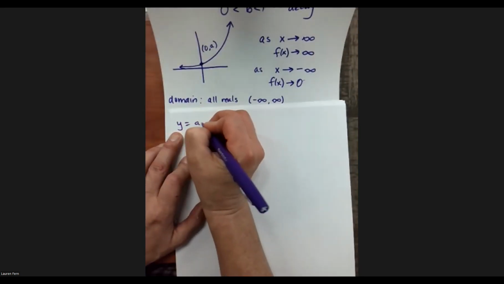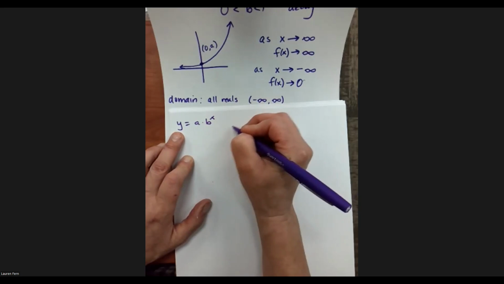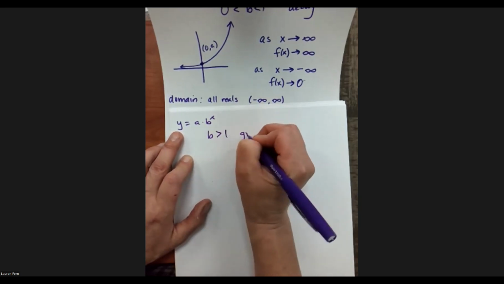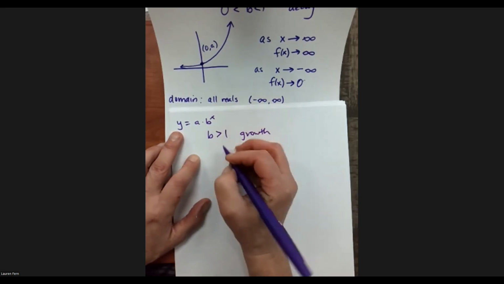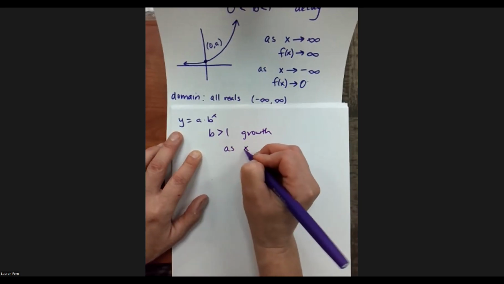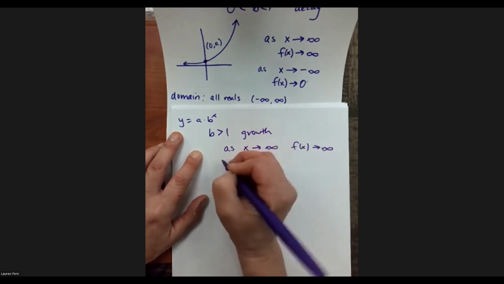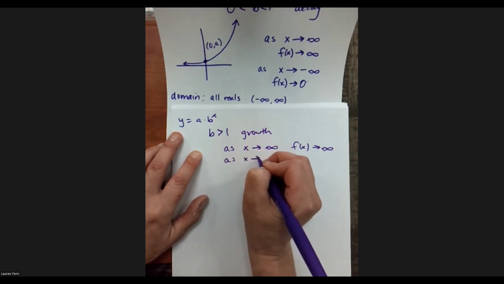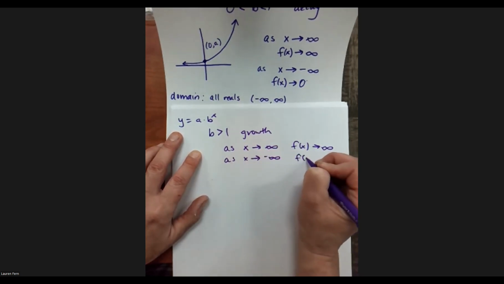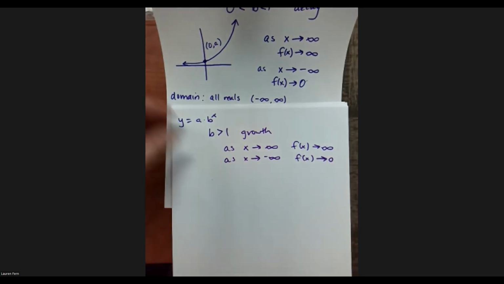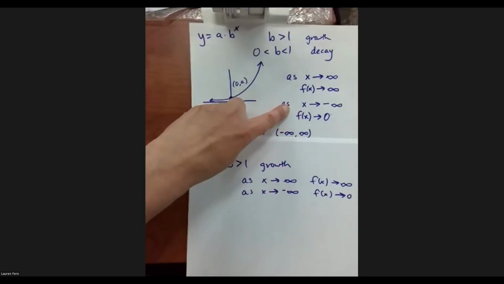Just to spell it out a bit more, b greater than 1, we have growth. So we saw then as x goes to infinity, our function values go to infinity. And as x goes to negative infinity, our function values go to 0. That's what we just saw right here.